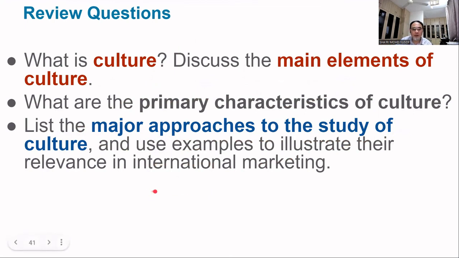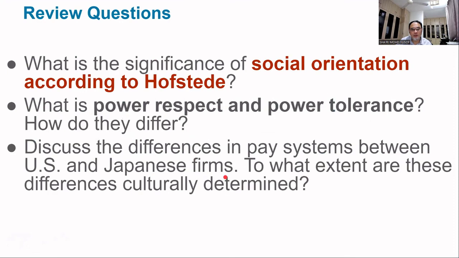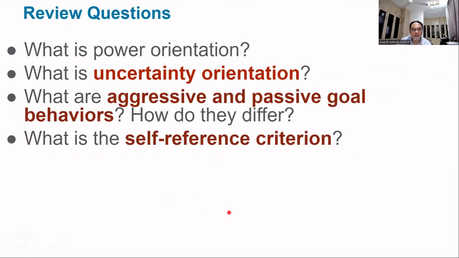We can focus on one thing, for example, how to use this for international marketing, or for HRM, human resource management. What is the significance of social orientation according to Hofstede? What is power respect and power tolerance? How do they differ? Discuss the differences in pay systems between US and Japanese firms, and to what extent are these differences culturally determined?